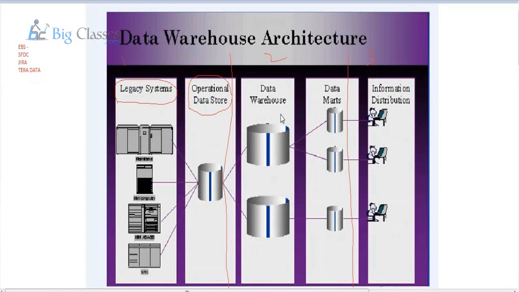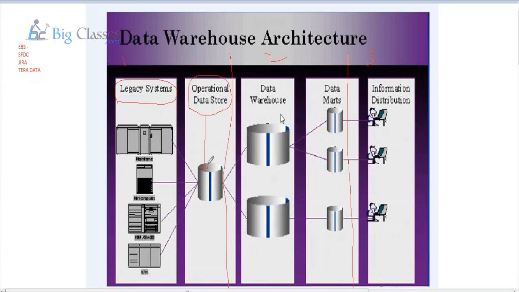From legacy systems, we will capture all the information as it is. For example, here in EBS there are 100 tables. In that 100 tables, we can capture all the tables. The data will be replicated in the ODS, the operational data source. So this operational data source represents a source replica.